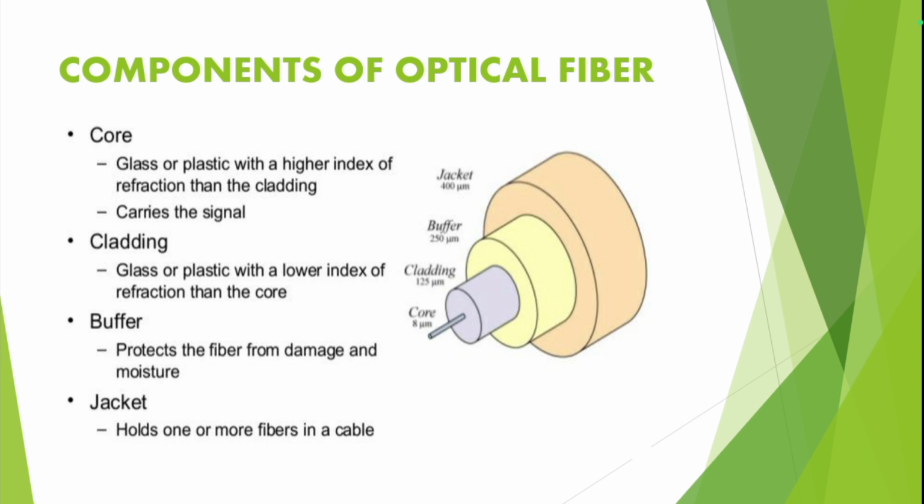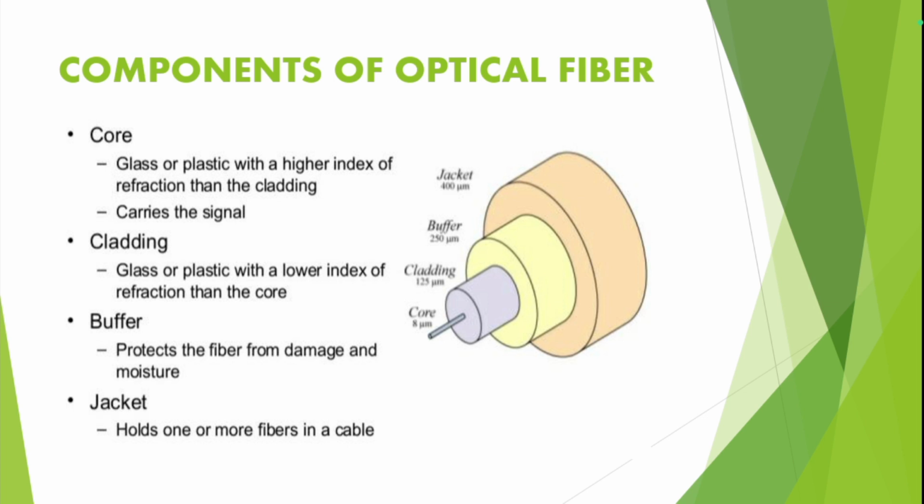Next, the yellow colored part is the buffer, which is clearly visible in this diagram. The buffer mainly protects the fiber from damage or any moisture. Next, the last one is the jacket, which is used to protect the optical fiber and holds one or more fibers in a cable.